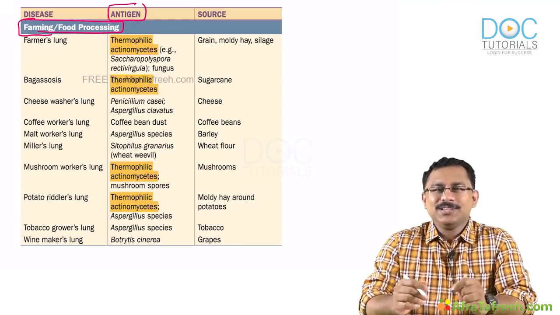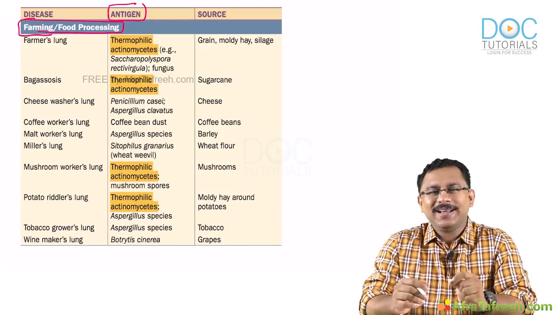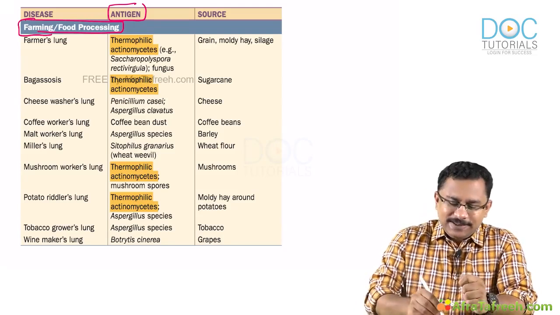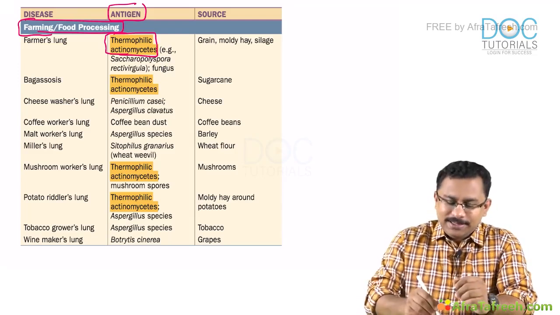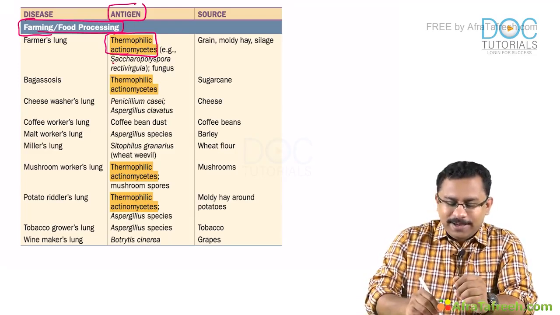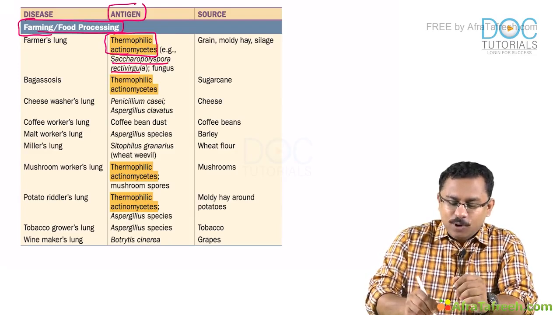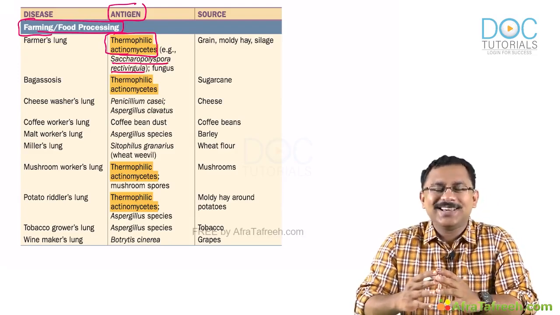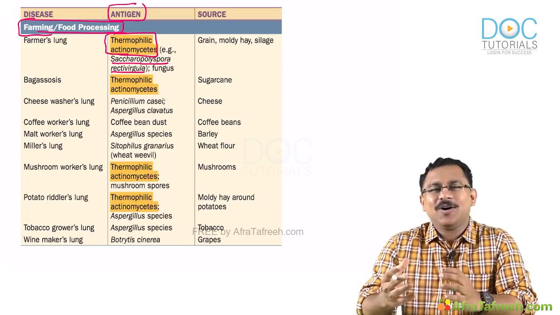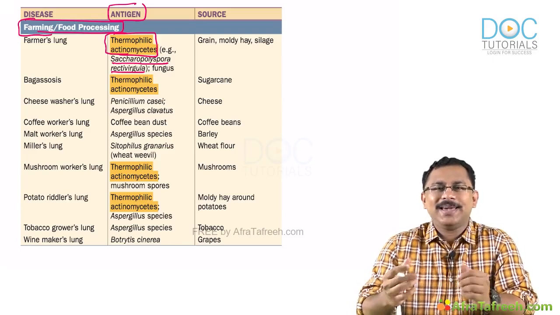This thermophilic actinomyces is a very important bacterial antigenic source, especially Saccharopolyspora rectivirgula. It is a bit of a tongue twister. So that is one common organism that is implicated.